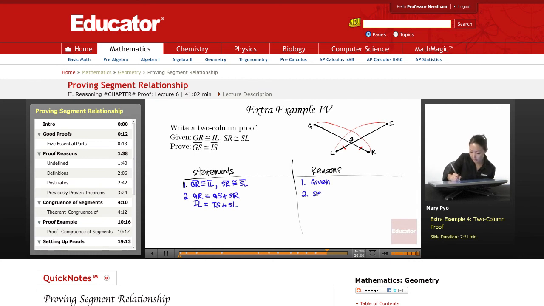Step 2, this is the segment addition postulate.